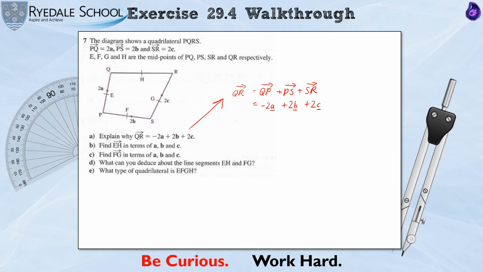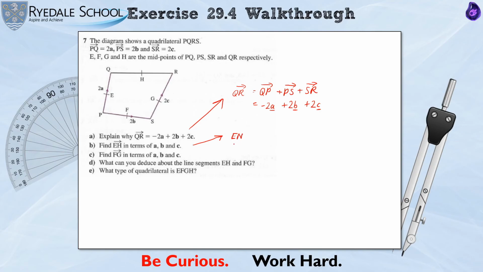Now it says find E to H in terms of A, B and C. So let's plan our route from E to H, perhaps using some vectors we've already calculated.